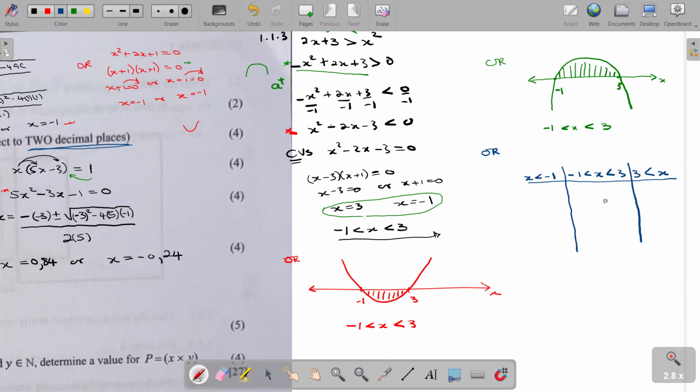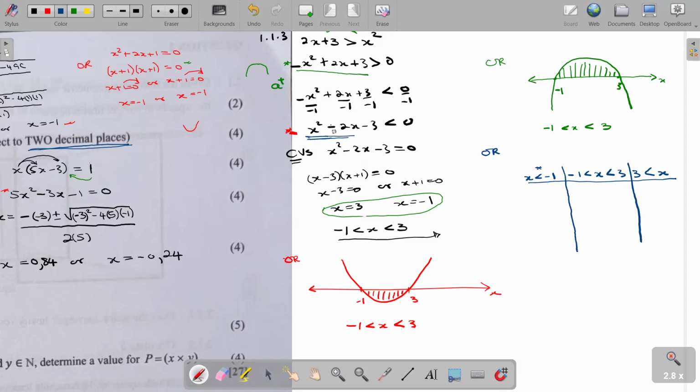Then when we have this, you just have to come to your table and find the region that you want. You can decide to say, I want this region. So if you choose this region, you are going to check a number which is less than -1. For instance, -2. You come and substitute the -2 in the standard form, this one, where a is positive.